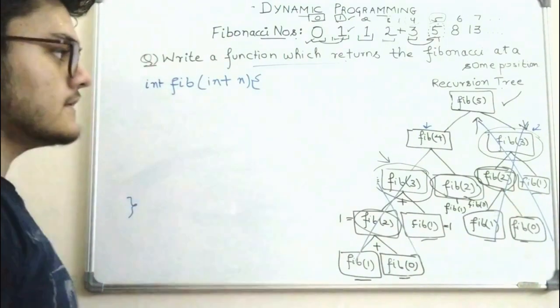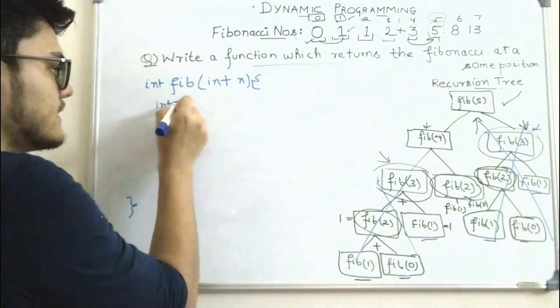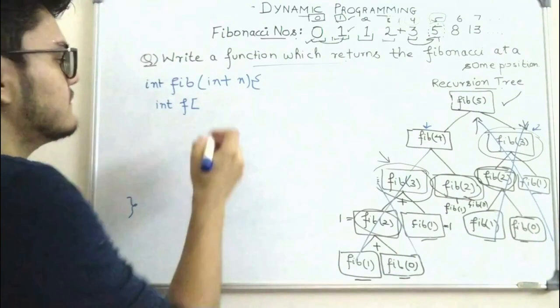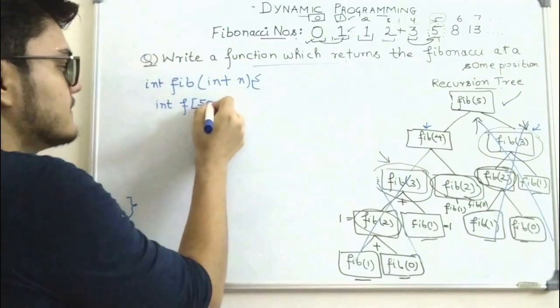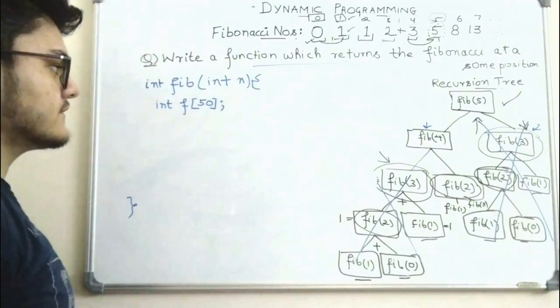So now what we are going to do is, first we will create a function. Let's name it int f, and let's say we are going to only use 50 Fibonacci numbers, so I'm going to create an array of 50 integers.